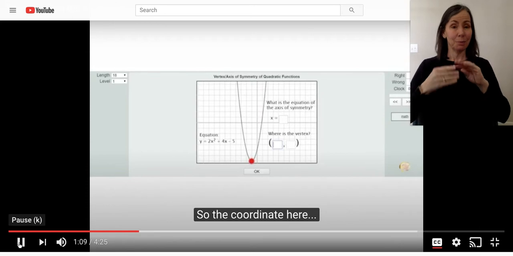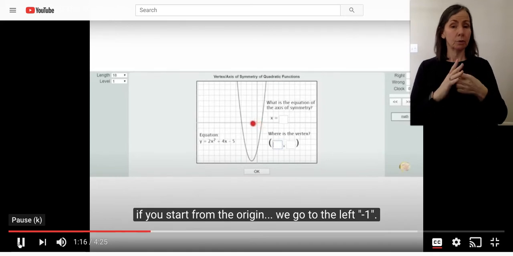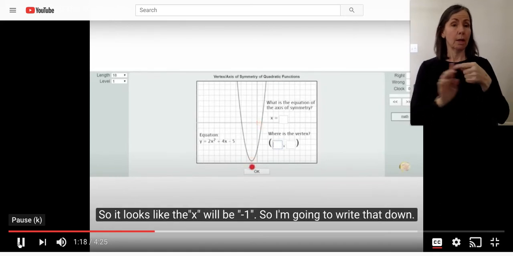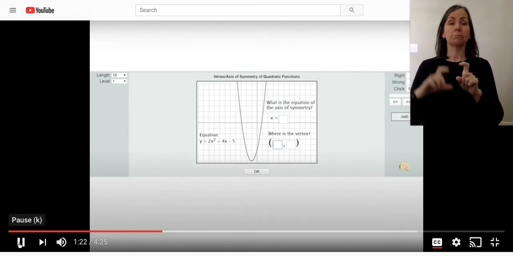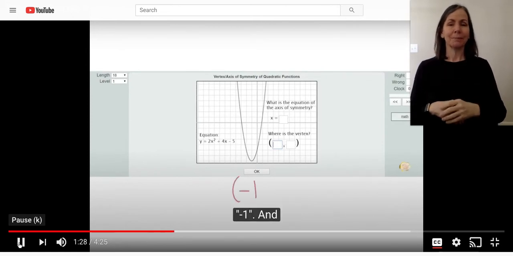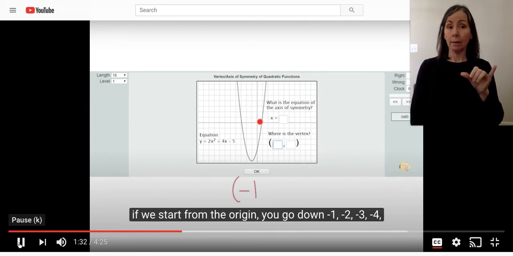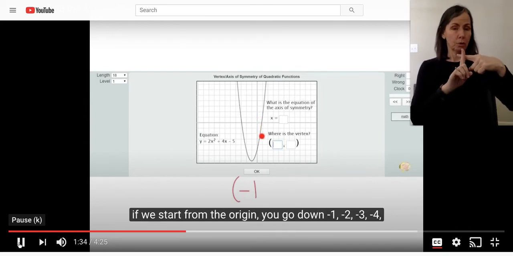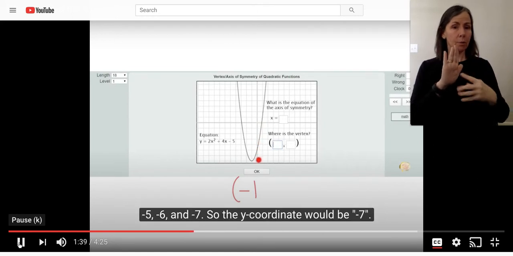So the coordinate here, if you start from the origin, we go to the left, -1. So it looks like the x would be -1. Let me write that down. And then for your y coordinate, again starting from the origin, you go down -1, -2, -3, -4, -5, -6, and -7.